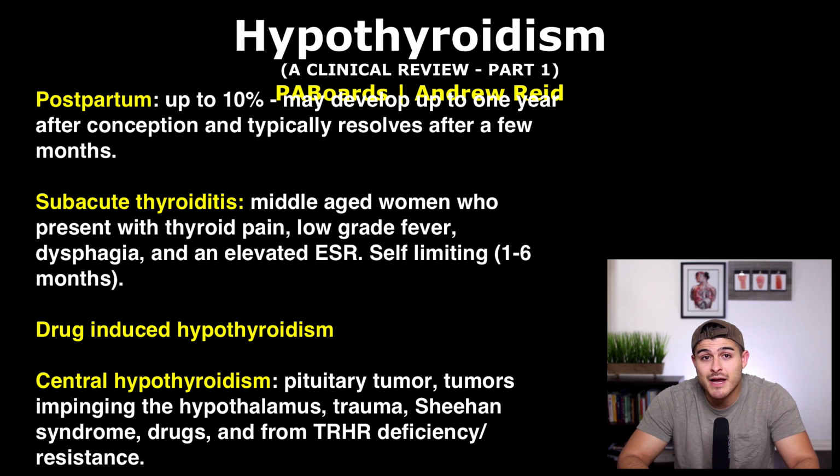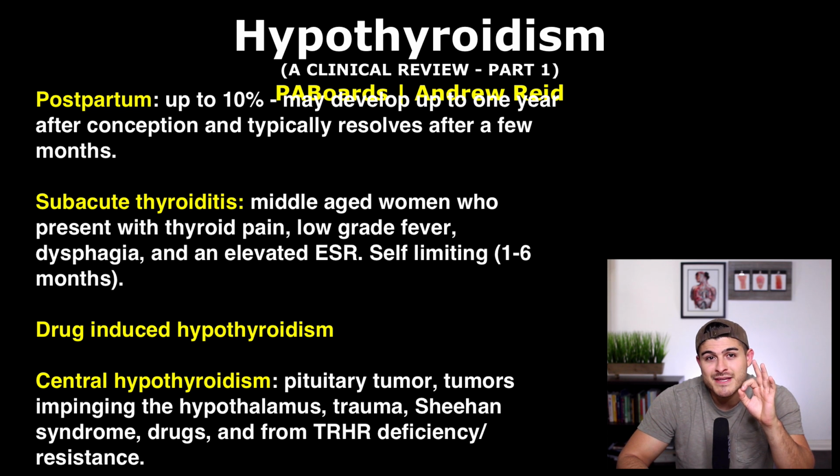So when you palpate the thyroid gland, it's going to be very tender. Patients can also present with a low-grade fever, dysphagia, and we're going to have an elevated ESR. Now, it's thought that this is viral in nature and it's self-limiting, 1 to 6 months, so you don't necessarily need to do much about it. We can give some pain medication, and again, we'll discuss this more in the treatment.